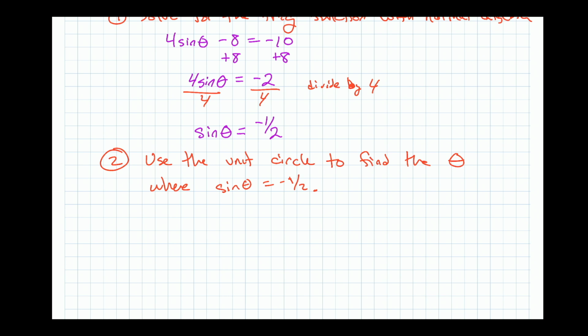And that's where you're going to need to know your x's and y's. In terms of the unit circle, the sine theta is just the y value, right? So you're looking for where y is equal to negative 1/2, just where the y value is negative 1/2.